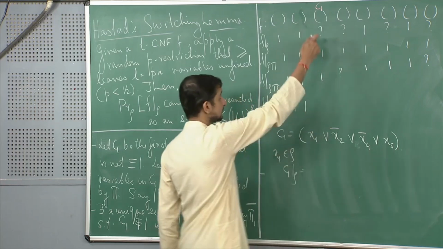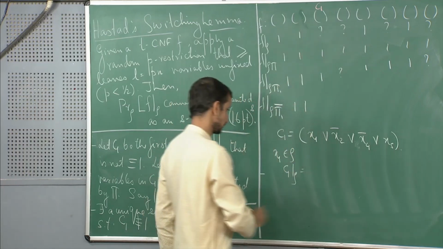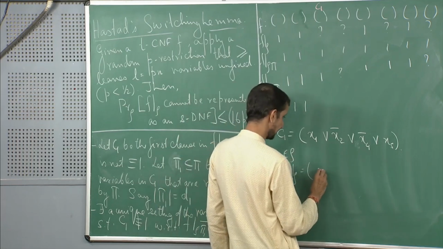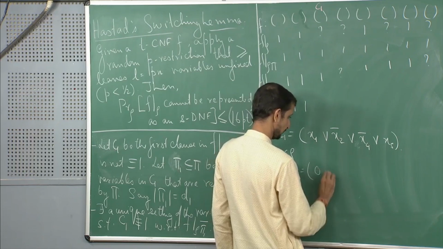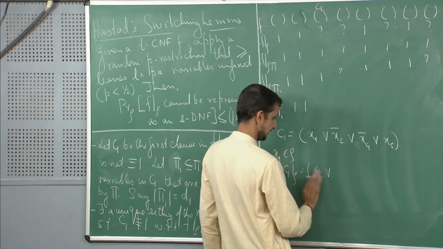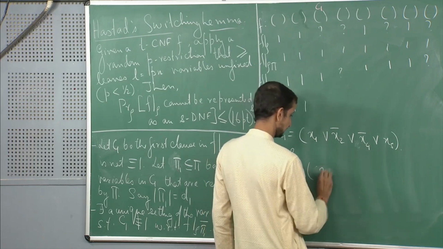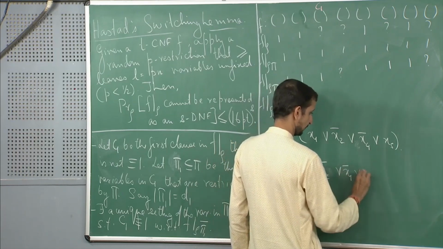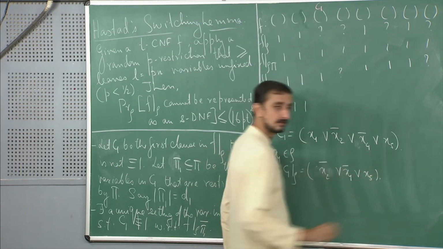to 0. Of course, it has to get fixed to 0. So, C1 restricted to rho was looking something like this: x2 bar or x4 bar or x5.